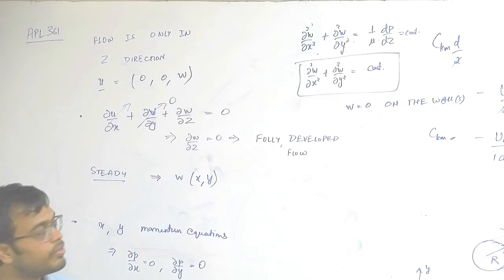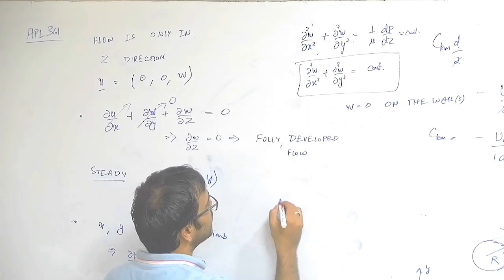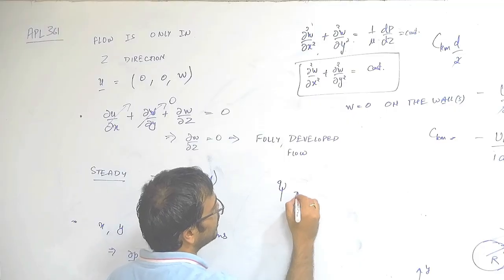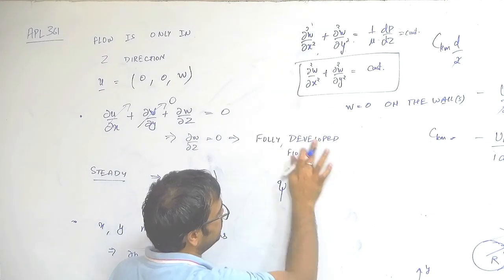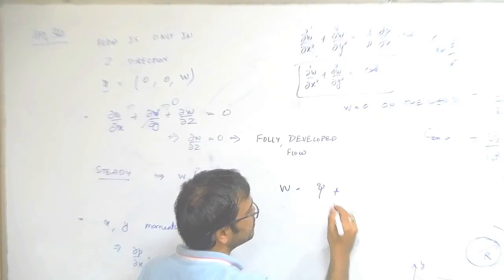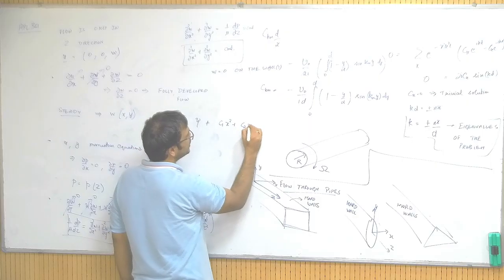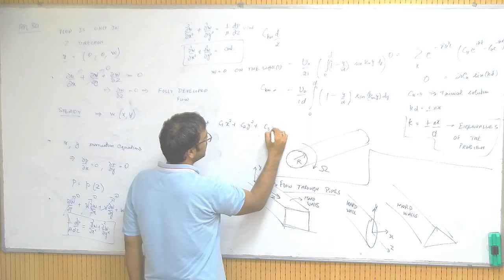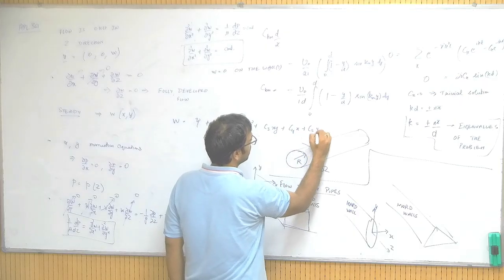I can formulate that by recognizing that let us say I write w as some psi plus c1 x square plus c2 y square plus c3 xy plus c4 x plus c5 y.